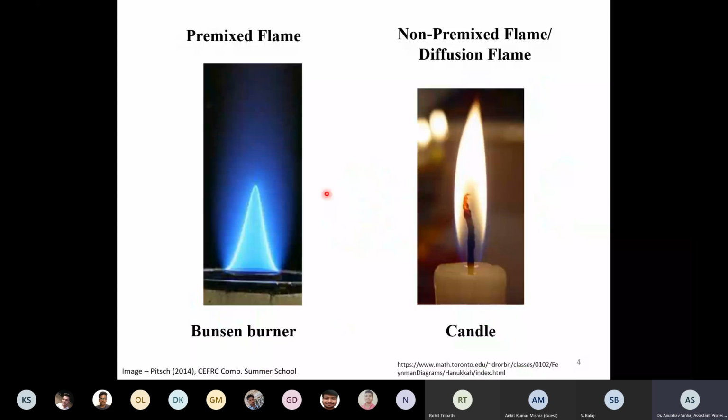Can anyone point out the major difference you see in these two? You have two images. From that, the flame is distributed, sir. Like the illuminated region is... Sir, color. Okay, let me take one by one.